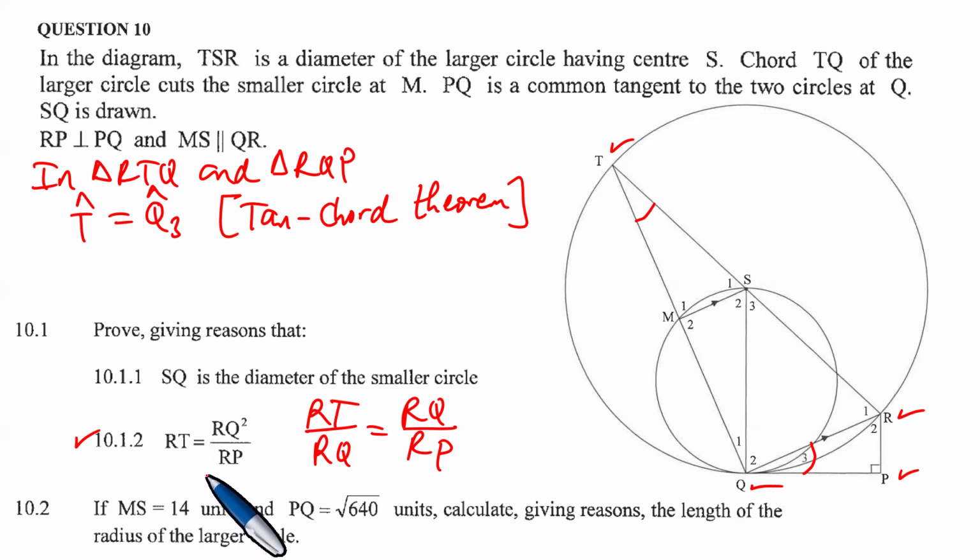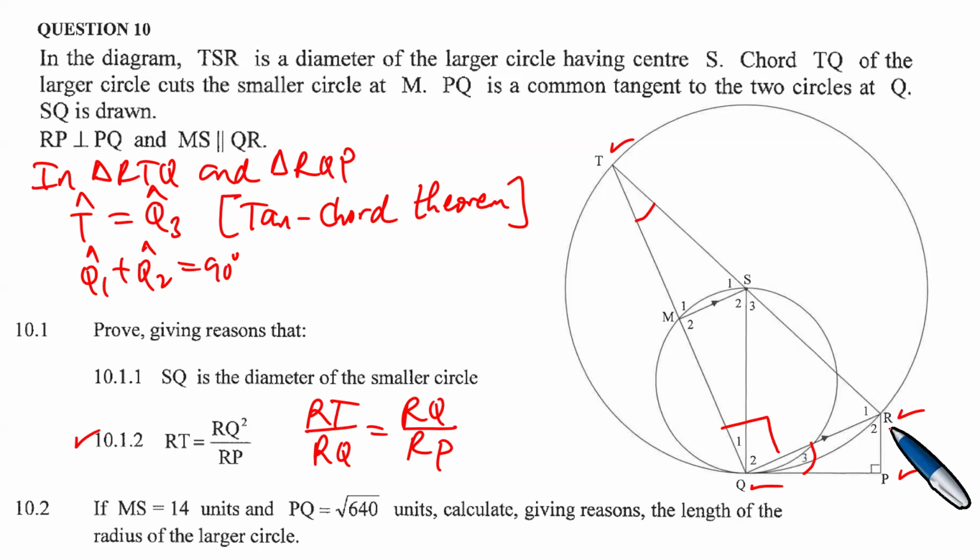We have that the angle Q1 plus Q2 here is 90 degrees. Why is the angle Q1 plus Q2 equal to 90 degrees?